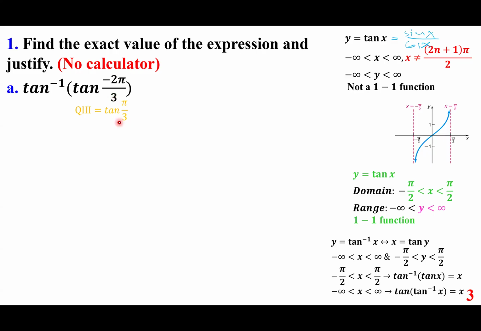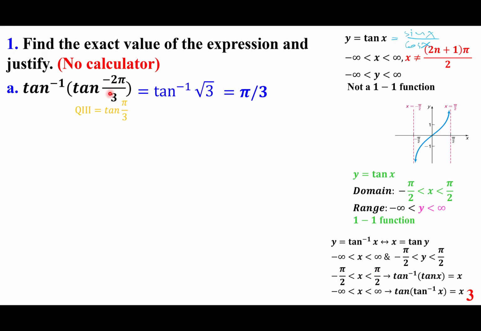So it's the same as pi over 3. So tan inverse of square root of 3, which is pi over 3. So again, understand this is not in the proper domain, namely minus pi over 2 to pi over 2.